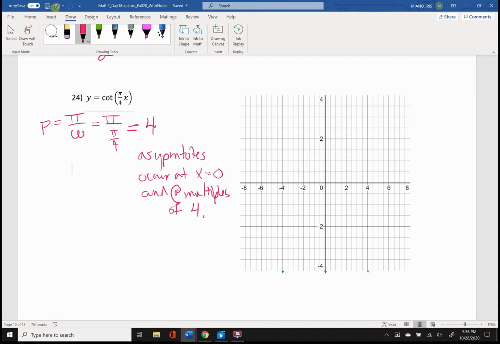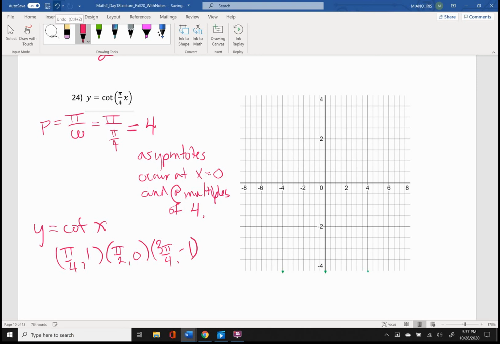So for the original parent cotangent, we can expect to have the following points: pi over 4, 1; pi over 2, 0; and 3 pi over 4, negative 1. So these occur within one cycle, right?